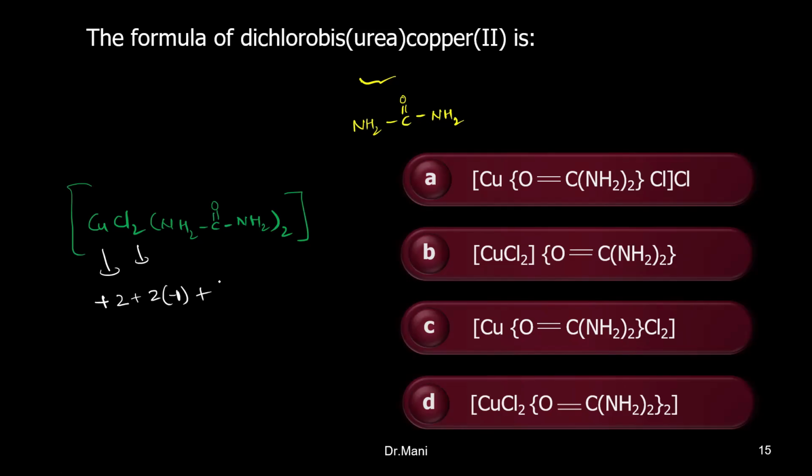Does urea have any charge? Have you read anywhere that urea is positively charged, or do you find urea like an ion or like a molecule? It's a molecule, so it's 0. So 2 into 0. So what is the charge of this? Plus 2 minus 2 plus 0, it's 0. Now, is there any need for me to put some chlorine outside? No, sir. It's a neutral compound, so there is no requirement of chlorine. So I don't need to put any chlorine in this case.